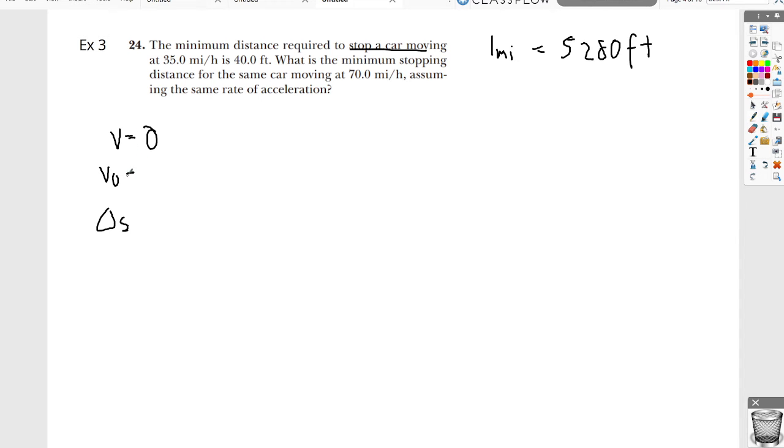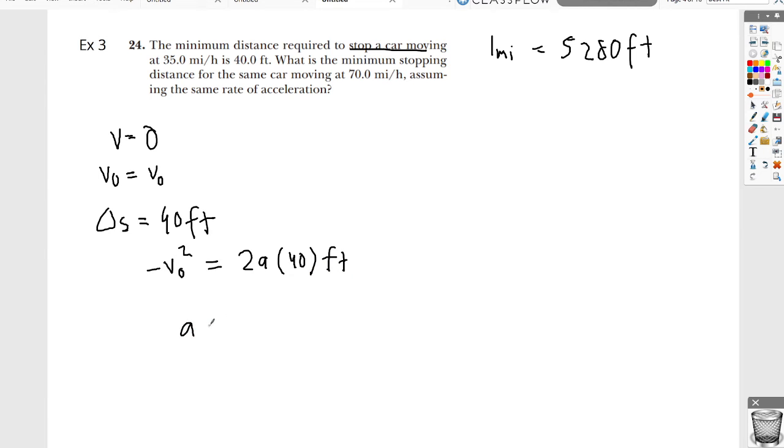So v is 0, and v naught is v naught, and delta s is 40 feet. Then we'd have v squared, 0 squared, minus v naught squared is equal to 2a times delta s. Delta s is 40 feet.